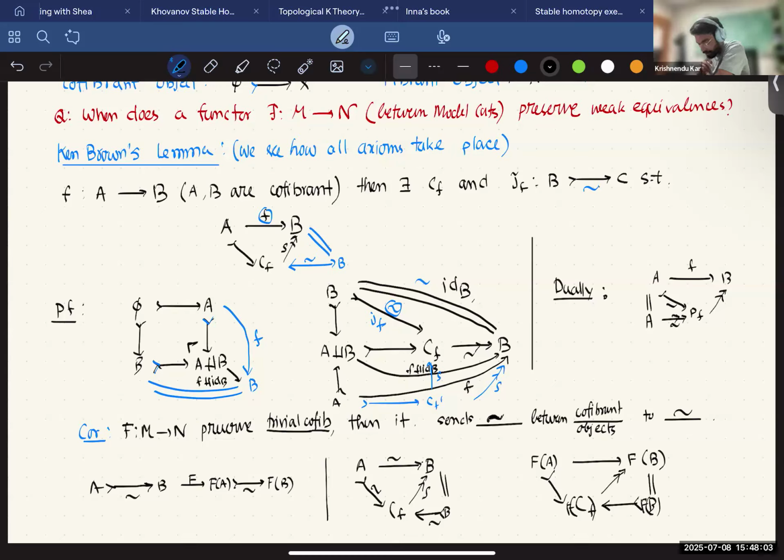Now what do we have? We do not know if it takes a trivial fibration to fibrations, but we know at least these two will be preserved, trivial cofibrations. Now, this is a commutative diagram, and equality means this is a weak equivalence, and that means that this guy is a weak equivalence, and by the 2 out of 3 property, this guy is a weak equivalence. So it takes weak equivalences to weak equivalences.